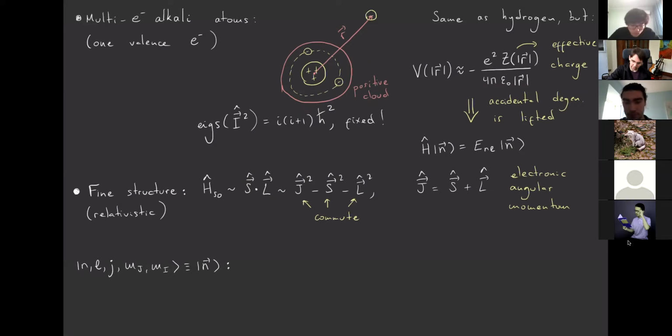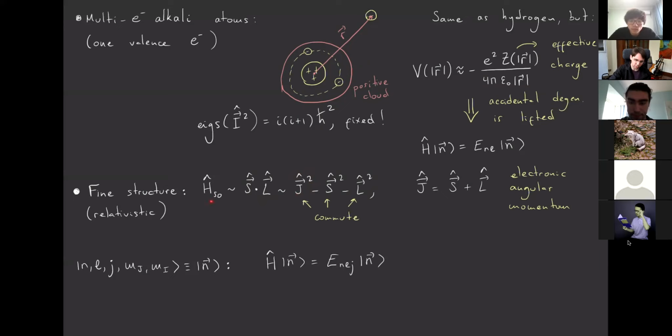And let me just remind you that this will mean that the Hamiltonian acting on these good quantum states will give you an energy, but now the energy will depend on 3 quantum numbers, not only 2, because you see that J appears explicitly in this spin-orbit coupling, J squared, okay?